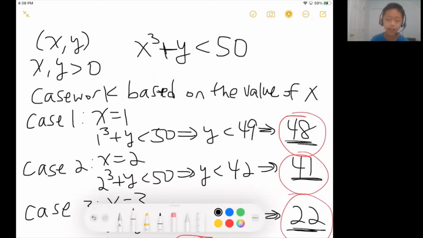If you did casework based on the value of y, then y can be anything from 1 all the way up to 49. That means you'd need 49 cases. On the other hand, if you did casework based on x, we see that this is an x cubed, and x cubed grows much faster than y, which is why we have significantly fewer cases.